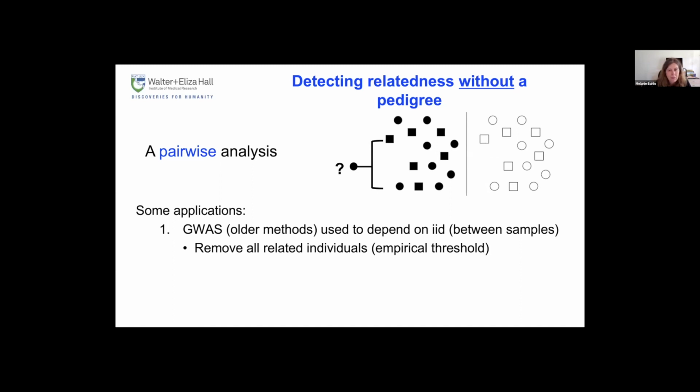As of 2015, GWAS methods have really improved, and you are now able to incorporate related individuals as well through methods such as BOLT-LMM and SAIGE. I'm sorry, I didn't stick the references in there because that's not the main focus of the talk. But prior to that, people used to prune related individuals according to some empirical threshold.